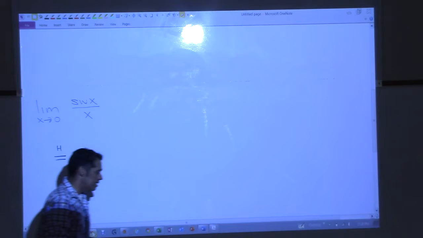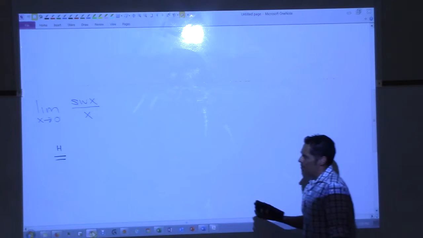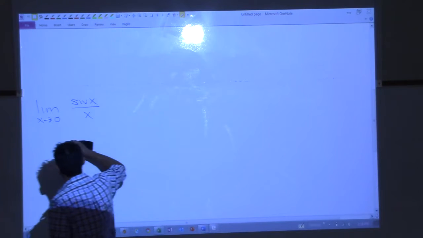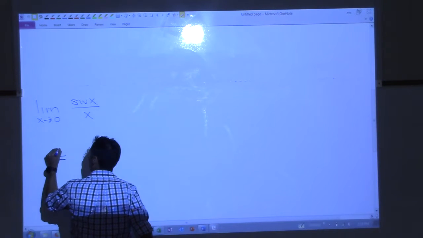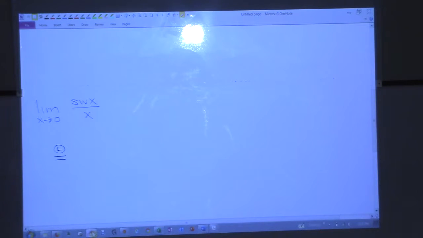For some reason, when I was a student learning it, I have always just done an L and circled it. I don't know why. Do an H, do an L, whatever. Just somehow notate the fact that you're doing something other than just saying that this is equal to this. So L or H, doesn't matter. That's saying L'Hopital. To me, I like the L.